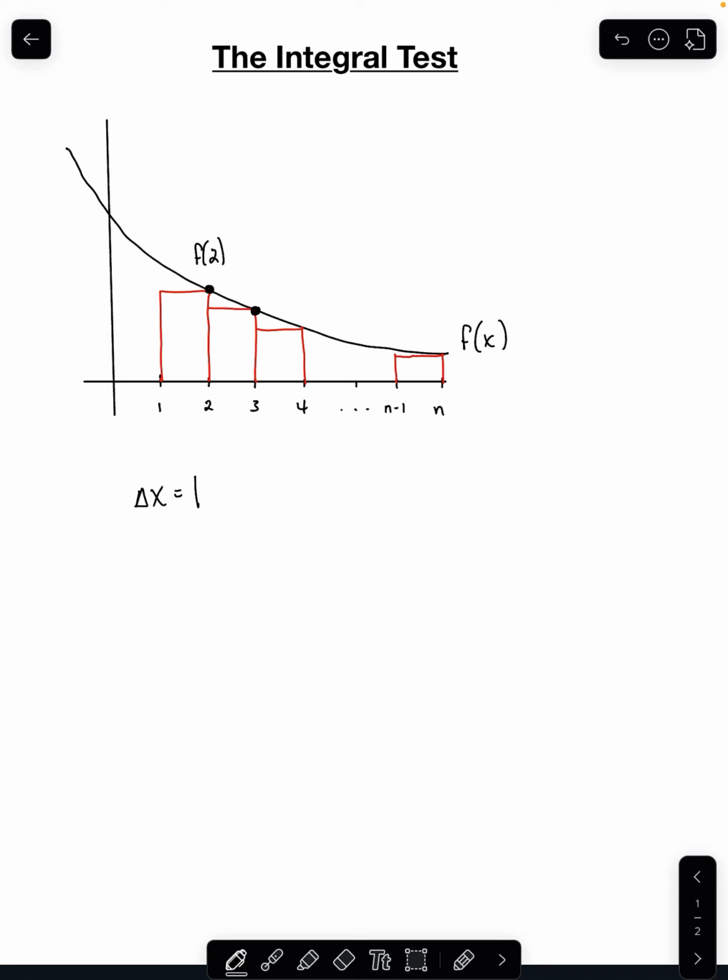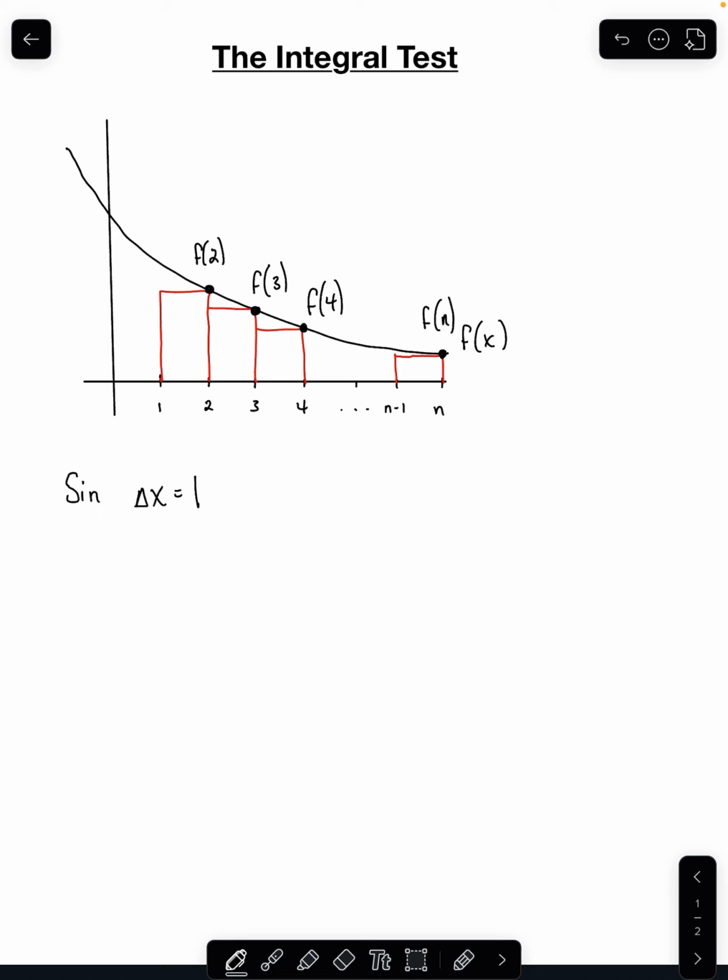The second rectangle has a height equal to f of 3. The third rectangle has a height equal to f of 4. And the n minus 1th rectangle has a height equal to f of n.